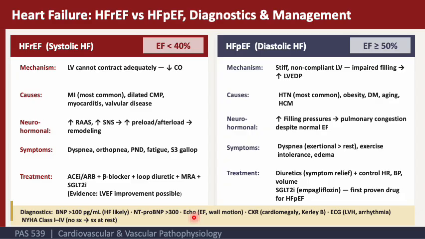You can also get a chest x-ray, and on a chest x-ray you may see cardiomegaly. You may also have these curly B lines. I wish I had put a slide in here, but it's basically these little curly lines, which are an indication of some increased volume that may also be shown on the x-ray in the lungs, which may be contributing to some of the patient's shortness of breath.